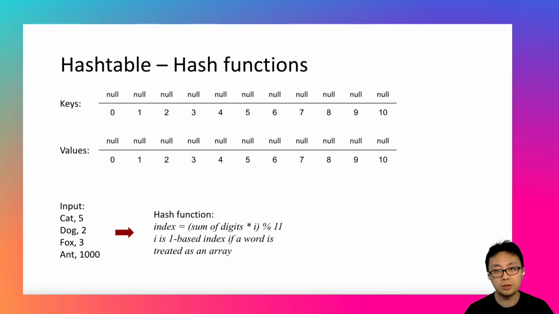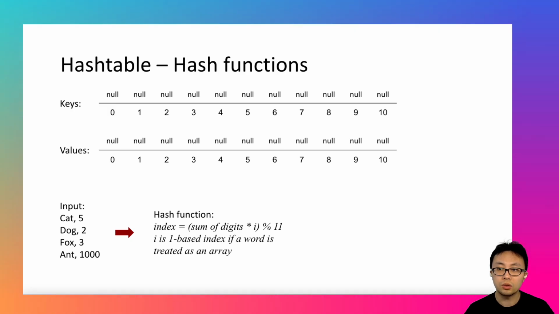Before you sum up the digits corresponding to each character, you can multiply them by the corresponding index of each character in that given word. Theoretically speaking, this hash function is a bit more complex and can help reduce the chance of collision, yet it doesn't fully address the problem.